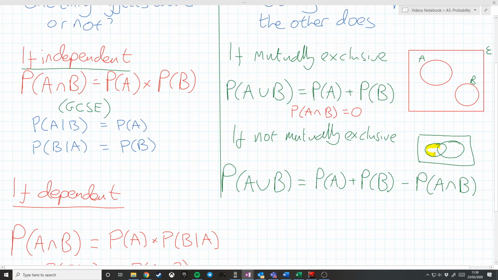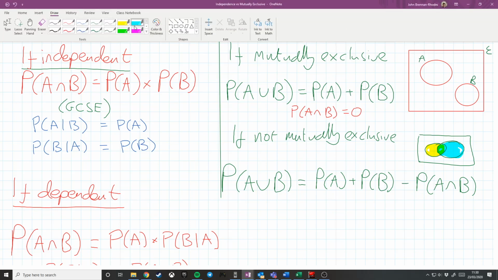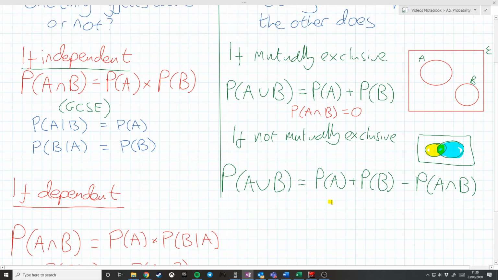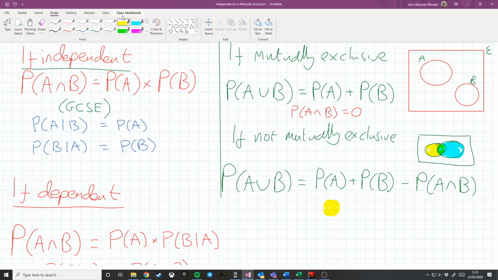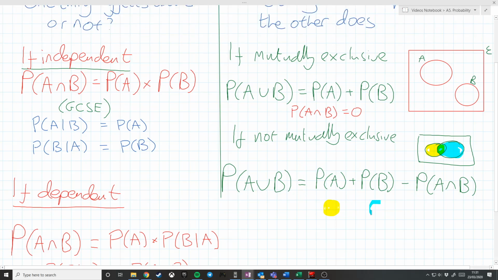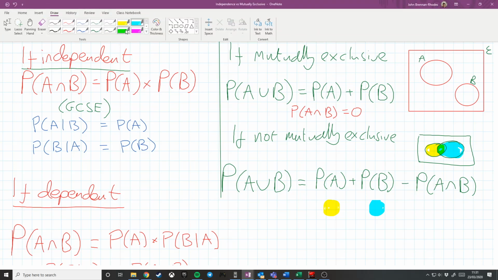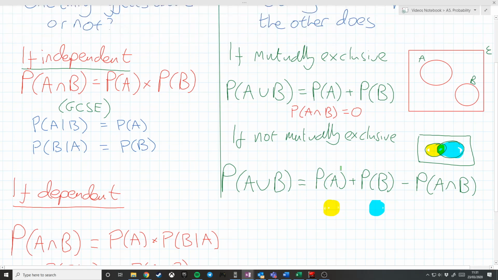So if I have a Venn diagram like this, see the intersection's gone green, then the probability of the union is equal to the probability of A plus the probability of B minus 1 of the intersections, because it would double count the intersection.